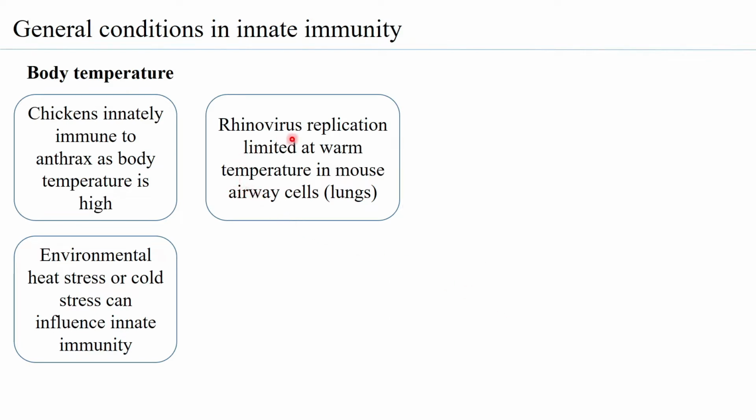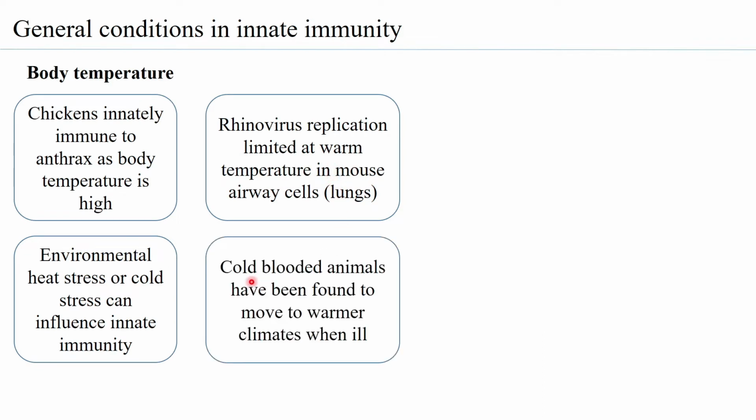When the temperature in mouse airway cells is warm, it has been found that rhinovirus cannot multiply. So this is a very direct link: if the temperature is high, the causative organism may not survive it. Cold-blooded animals have been found to move to warmer climates when they are ill.